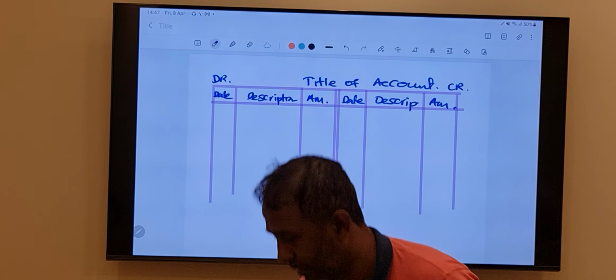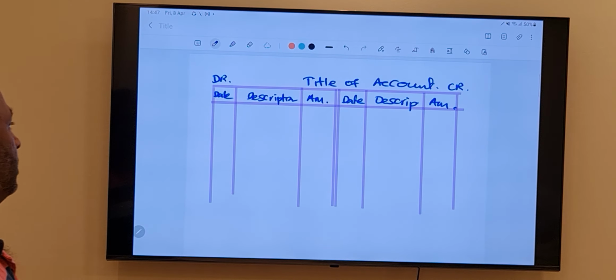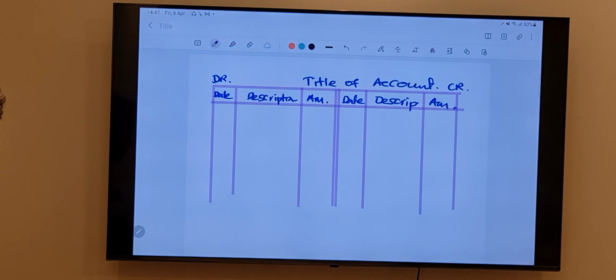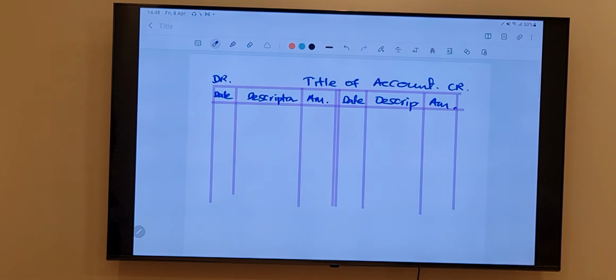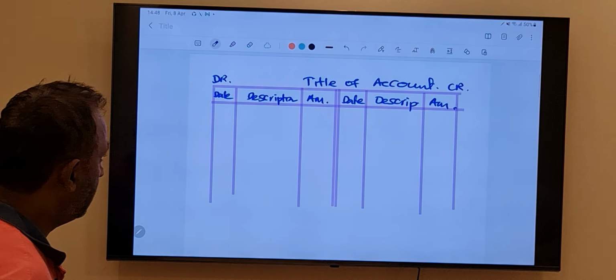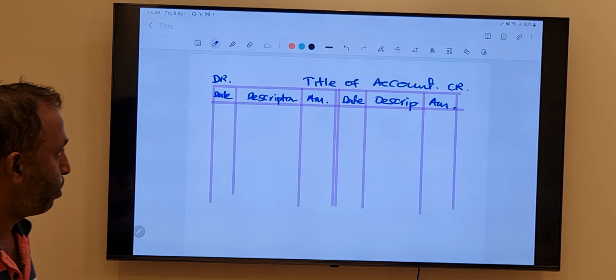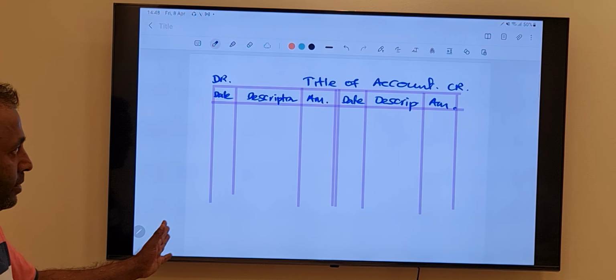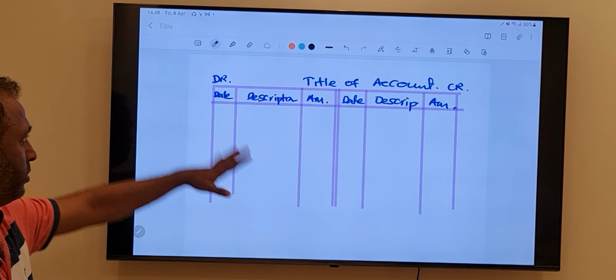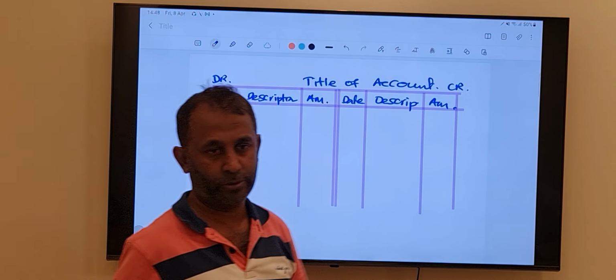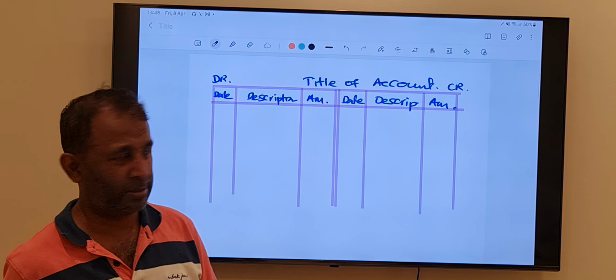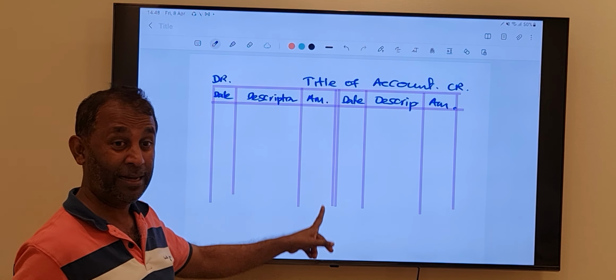This is how a ledger will look like. A debit and a credit, title of account, date, description, amount. Sometimes in some books they also add another column here, LF.